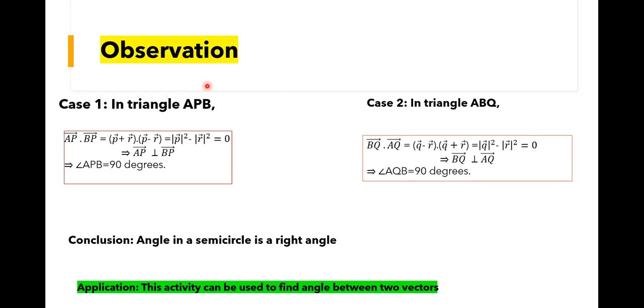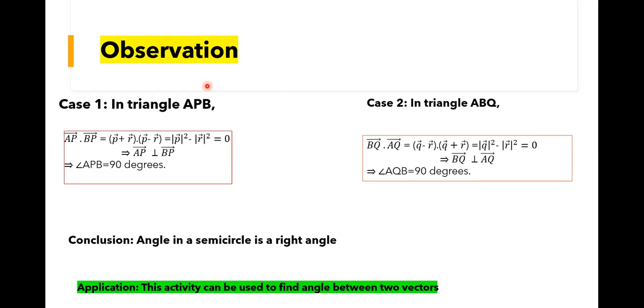Now the second case we can also demonstrate. We have taken triangle ABQ. We have taken BQ and AQ. One is Q minus R, the other one is Q plus R. When you take the dot product, here also we are getting magnitude of Q squared minus magnitude of R squared. And magnitude of P equal to magnitude of Q equal to magnitude of R, that is the radius of the circle.